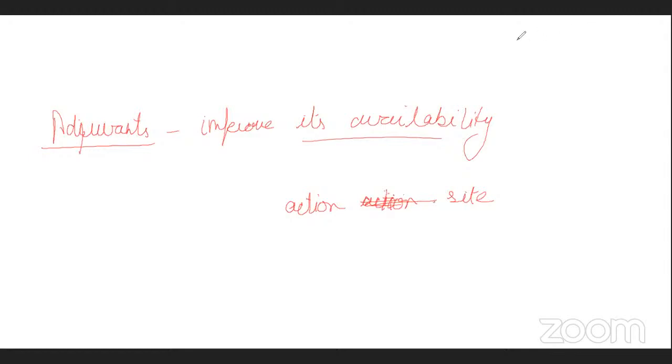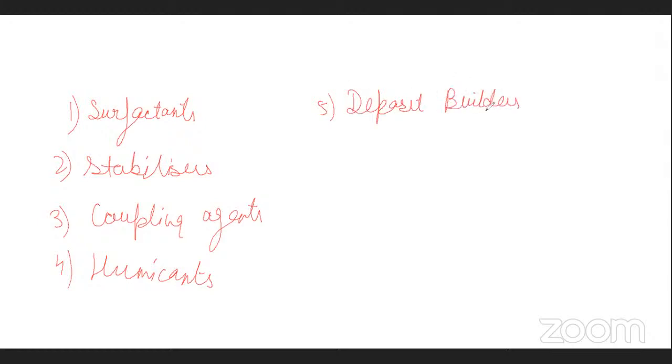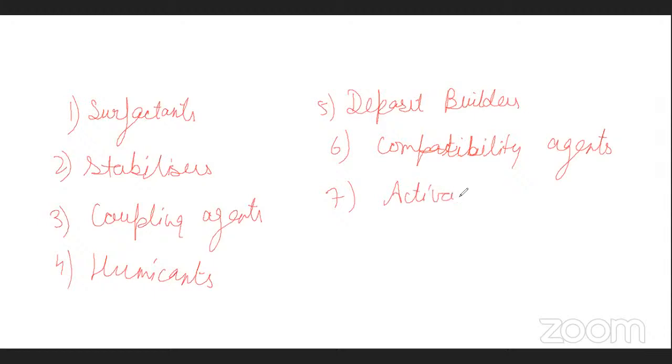And there are a total of eight adjuvants. Just know the names. The first one is surfactants, second is stabilizers, third is coupling agents, fourth is humectants, fifth is deposit builders, sixth is compatibility agents, seventh is activators, and eighth is drift control agents.